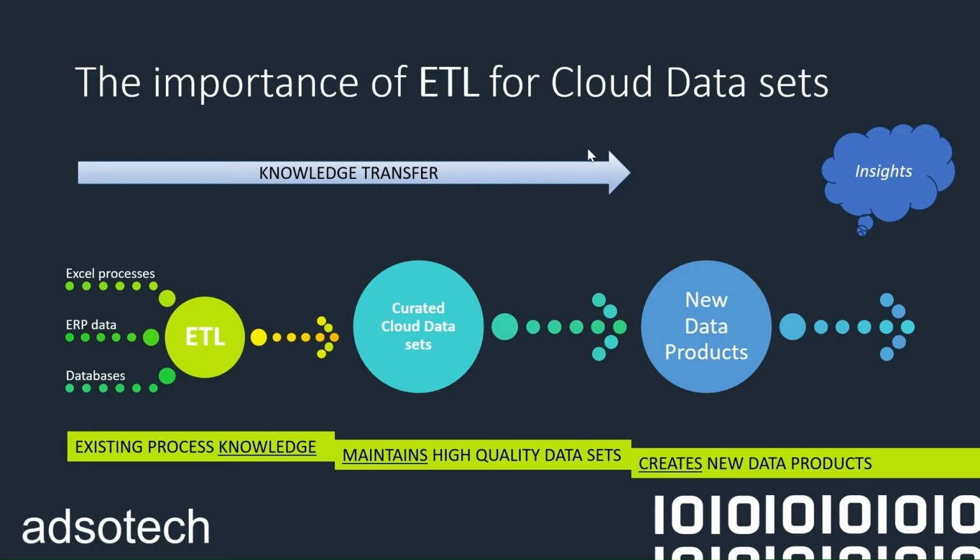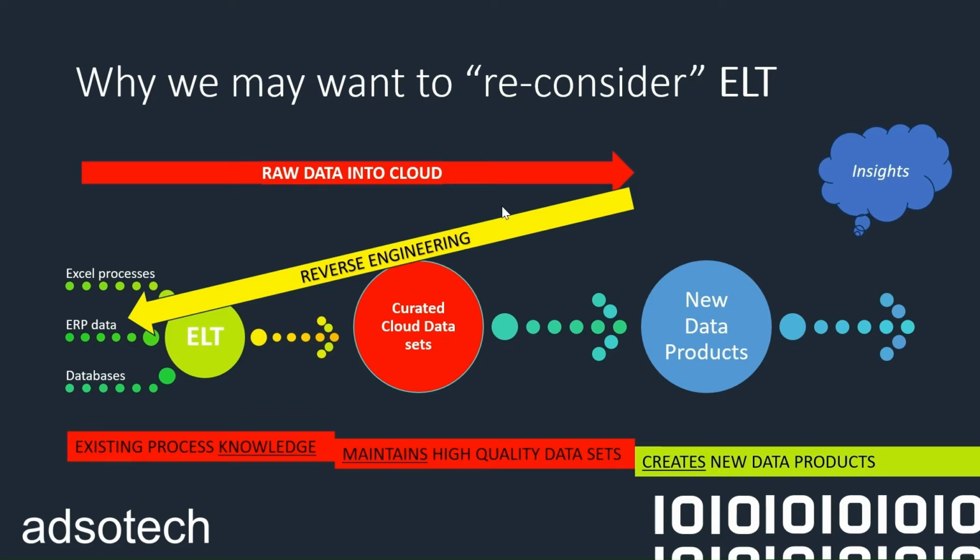Why we may want to reconsider ELT, which means that we are loading raw data sets into the cloud and trying to do the transformation in the cloud, where there are very good tools for that.